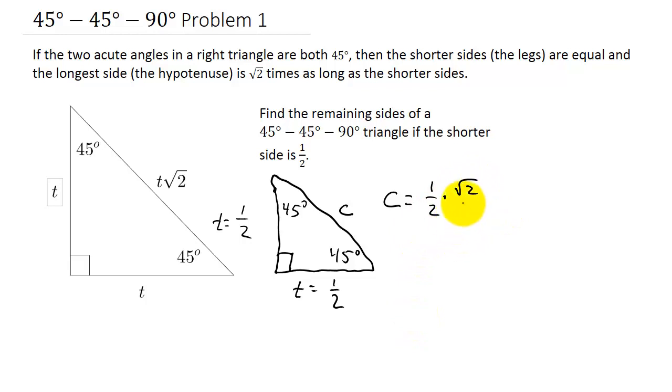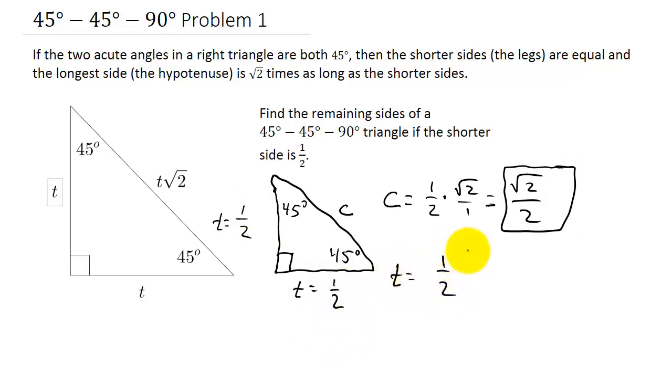And when we multiply that together, you can see that's over 1. So that's going to give us the square root of 2 over 2. And there's the length of the longest side. And we can say that T is 1/2. That's the length of the shorter sides.